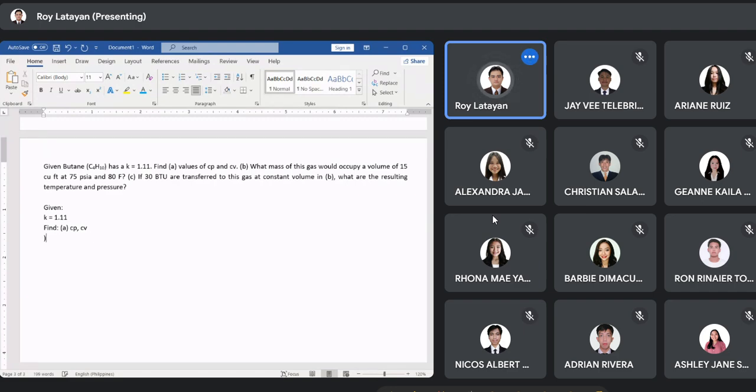So, given tayo ng K, tapos sa B naman, given tayo, mass yung hinahanap, given tayo ng volume niya, pressure niya, saka yung temperature niya. Tapos sa C naman, given tayo ng Q na 30, heat, transferred to this gas, this is heat.